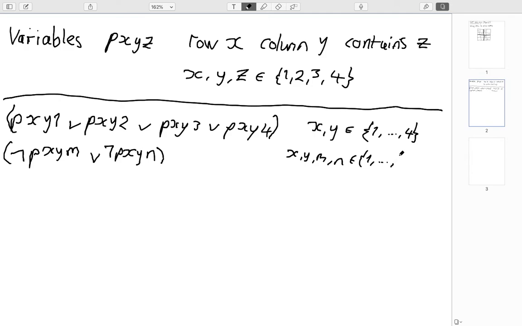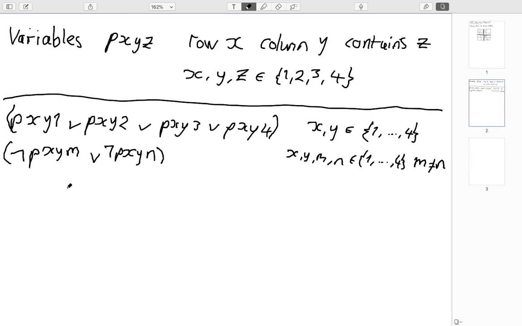So for every square and every possible value of m and n, we want such a thing as long as m is different from n. The point is, for different values we can put in the squares, we want to say that it's not the case that the square has both those values.